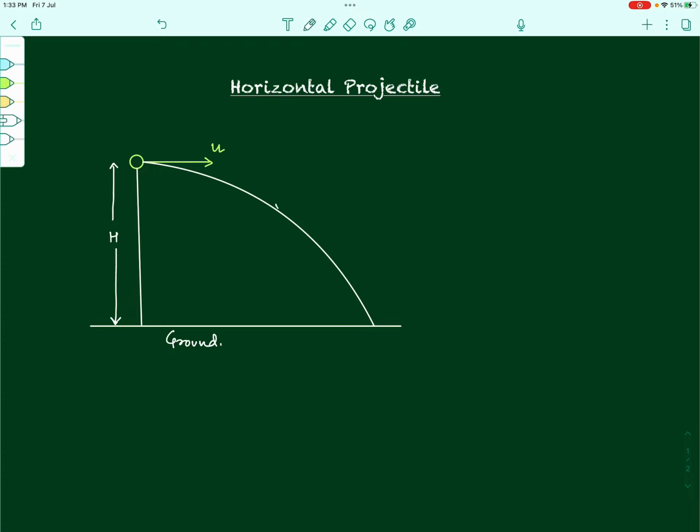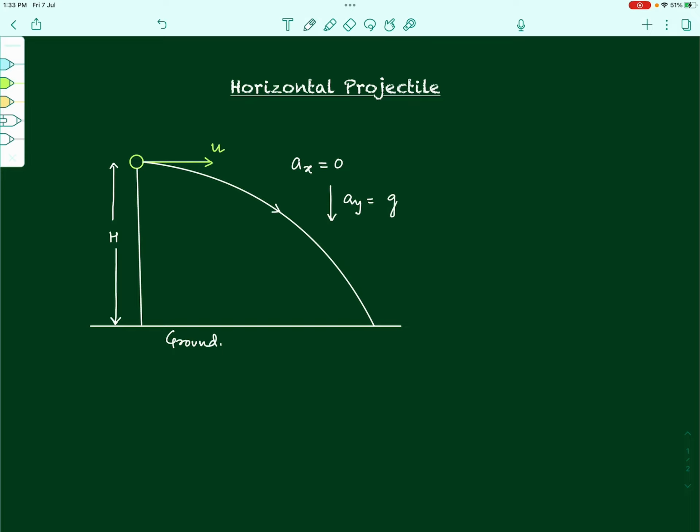As this projectile moves, understand that it does not suffer any acceleration along the x-axis because there is no force along the x-axis. The only acceleration that it suffers is along the vertically downward direction, which is equal to g, right?